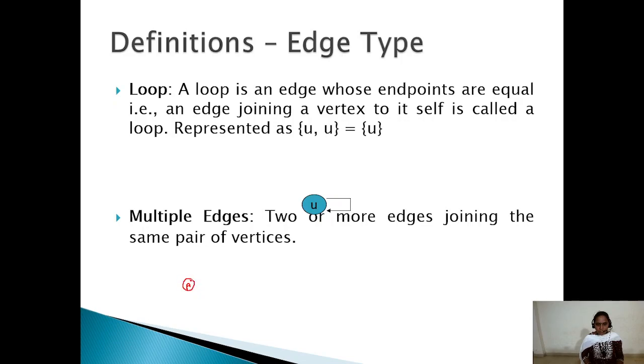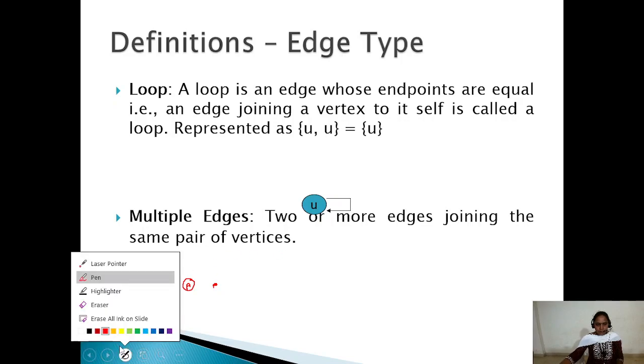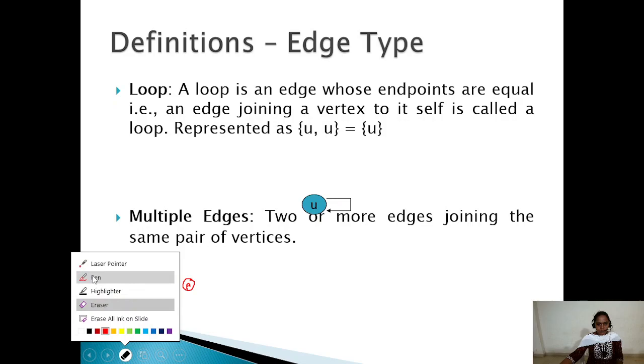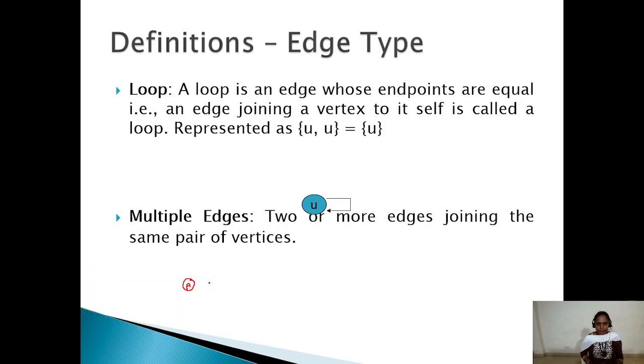A is one vertex, B is one vertex, C is one vertex, D is one vertex.